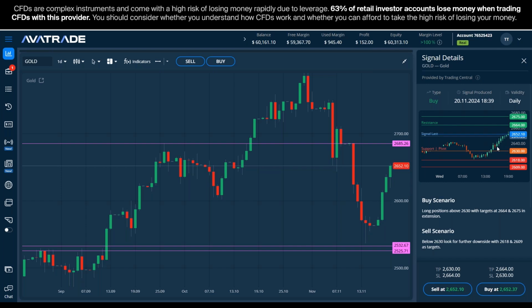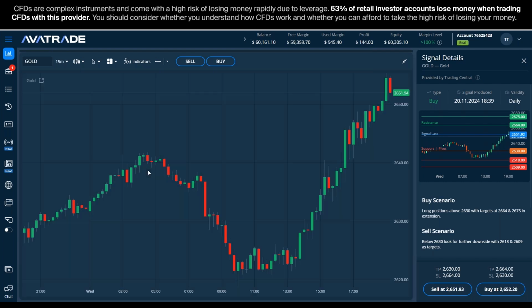But that's where each trader has their personal preference. You might still act on a signal like this, even though it's not as opportunistic of an entry point, because it certainly does show momentum in the direction of the signal. Others might choose to wait for a pullback. So if I go to the smaller candles, I can look at 15-minute candles and say, wow, it looks like it's really been running up today.